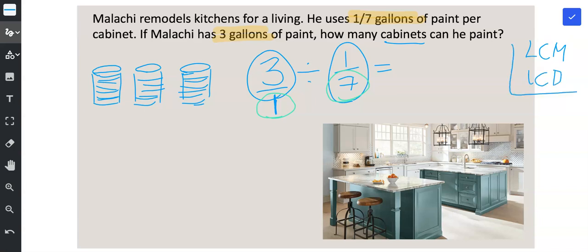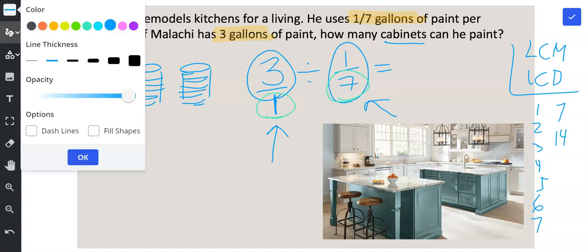And basically what that means is that you're counting by ones first. So 1, 2, 3, 4, 5, 6, 7, etc. And then you're going to be counting by sevens, 7, 14, and I'll stop right there.